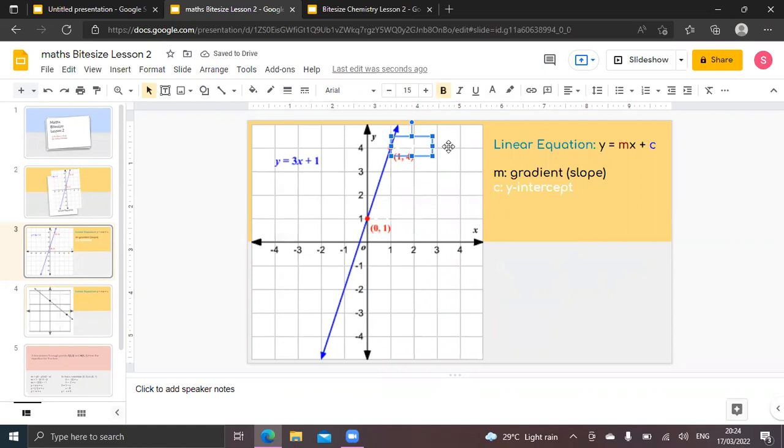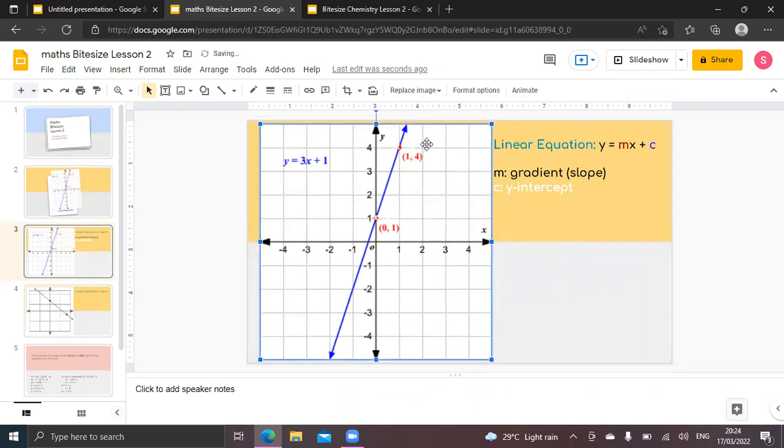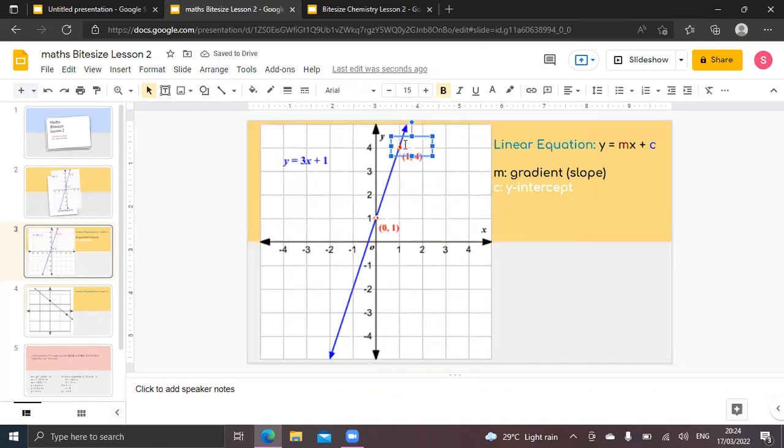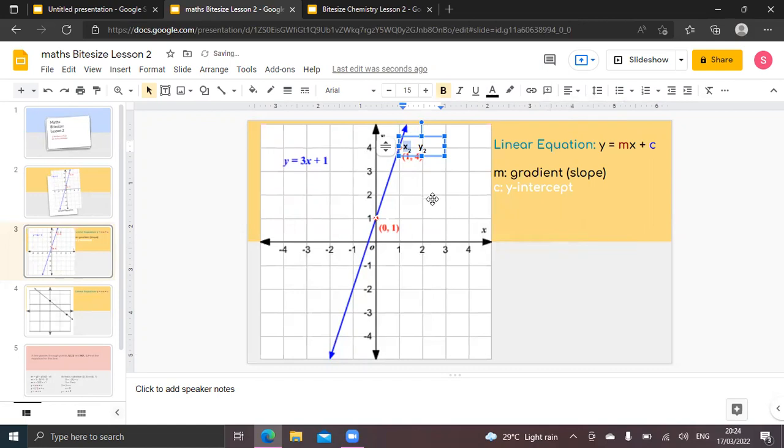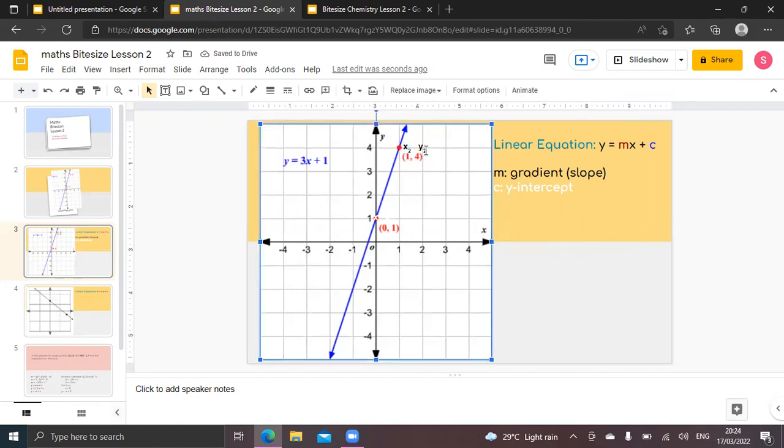When you've got the points on the graph, you can just use a pencil, put it on top of the point, and label it. So I label this one as x2, and the value of the y is y2.